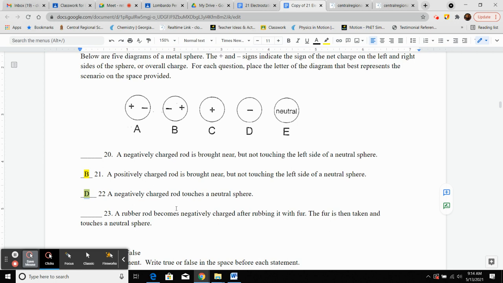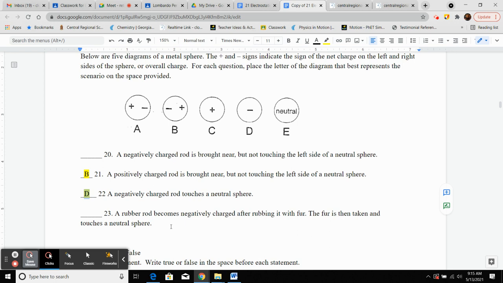Okay, so now we have a rubber rod that becomes negatively charged after rubbing it with fur. Okay, the fur is then taken and touches a neutral sphere. So they want to know what the charge on the sphere is.